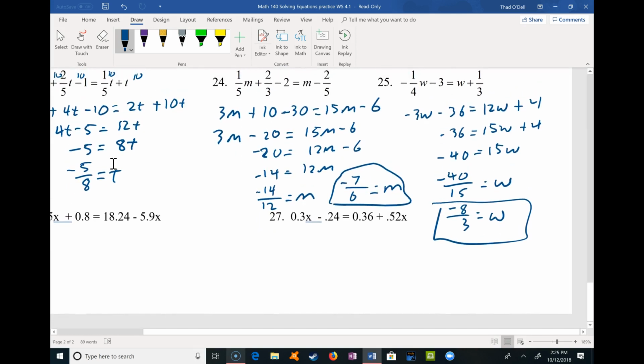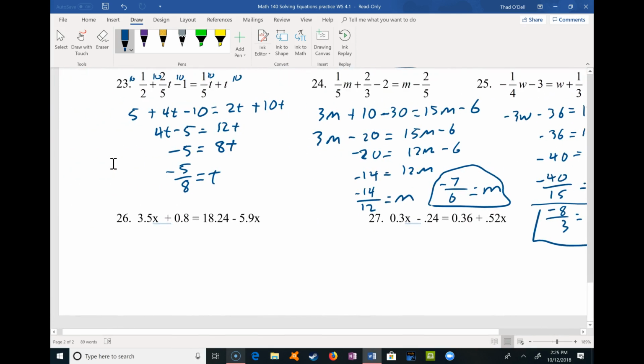Finally, we have a couple of decimals here. This looks like it has at least one with 2 decimal places, so I'm going to multiply everything by 100. So that would be 350x plus 800 is equal to 1,824 minus 590x.